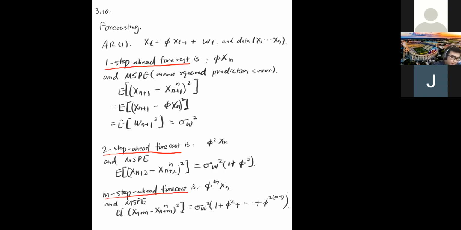So let's look at this m step ahead forecast more closely. For this m step ahead forecast, the forecast x_{n+m} given n is phi to the m x_n, right?